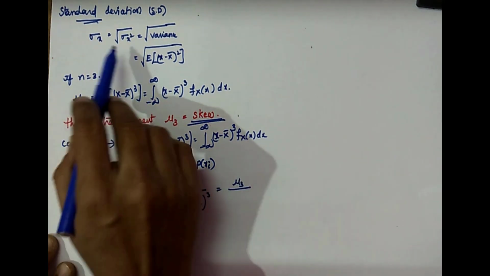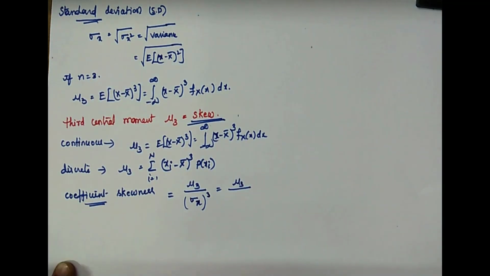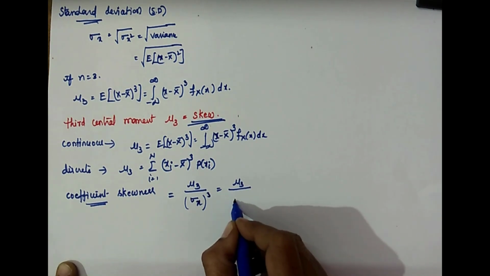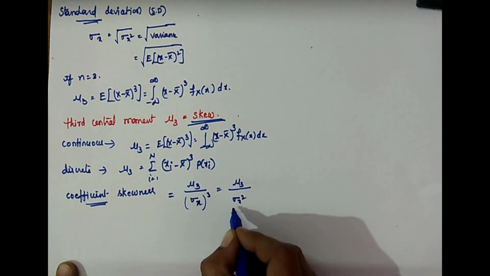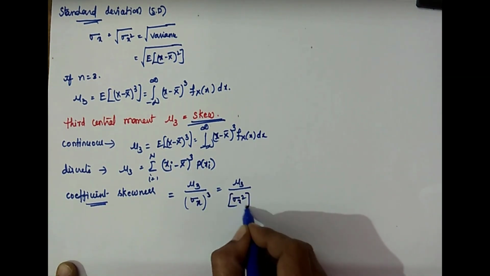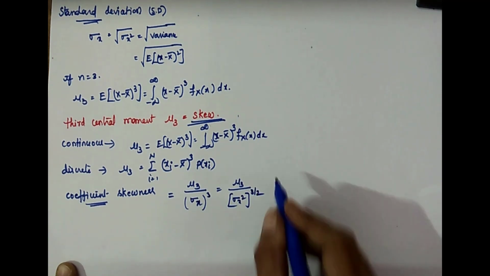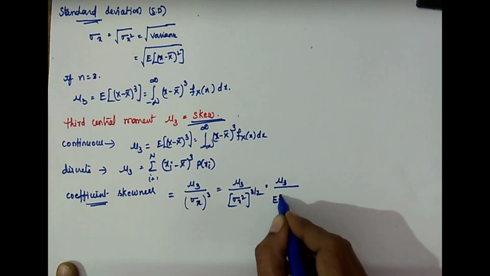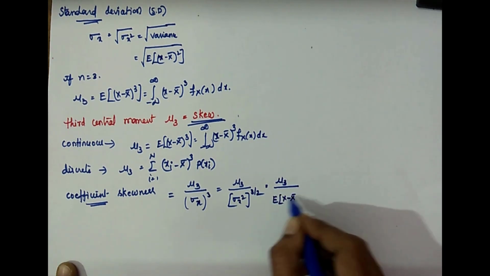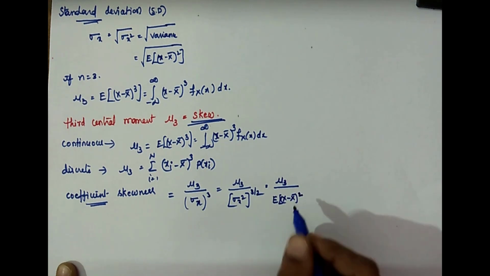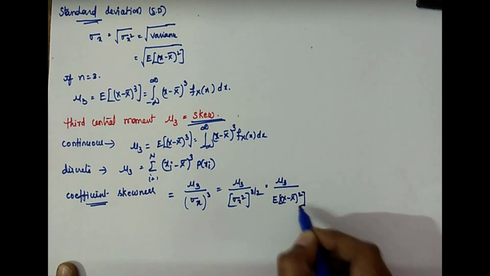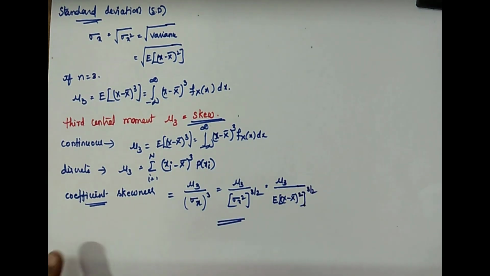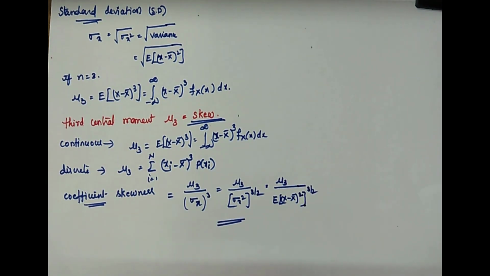You know it is the root of variance. Okay, so you can write it as sigma x square, meaning the variance, power 3 by 2, or in an expanded way it is mu 3 by E of (x minus x bar) whole square power 3 by 2. So this is your coefficient of skewness.